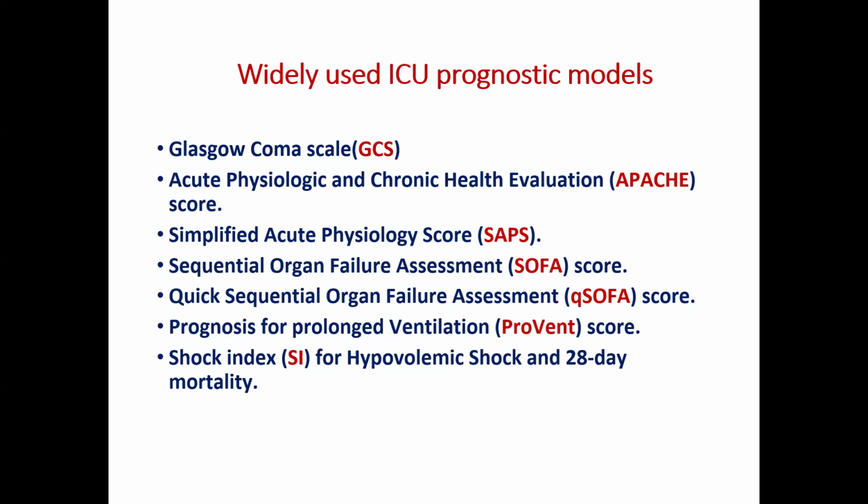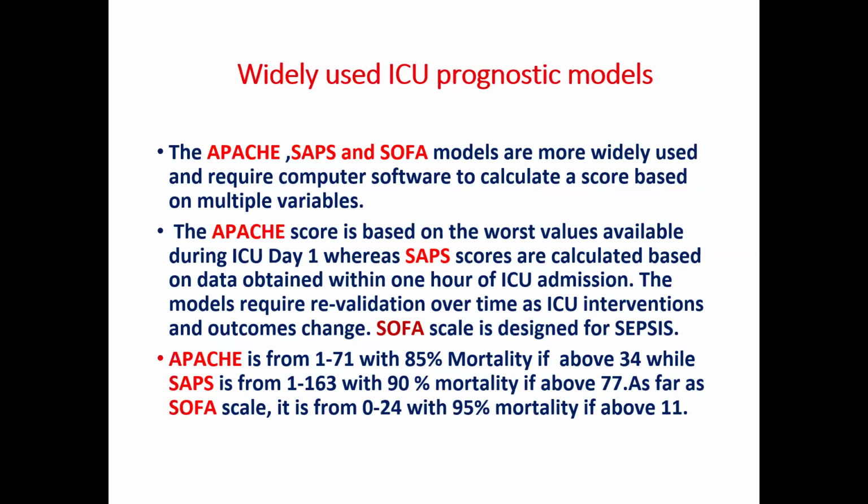And a modification from this one called the Quick Sequential Organ Failure Assessment Score. And then we have the PROVENT, or Prognosis for Prolonged Ventilation, and the Shock Index for hypovolemic shock and 28-day mortality. So APACHE, SAPS, and SOFA are very widely used.